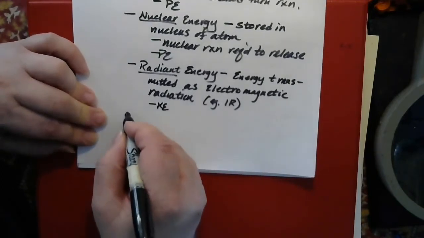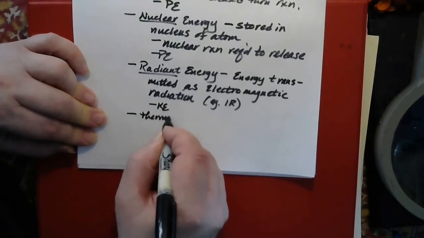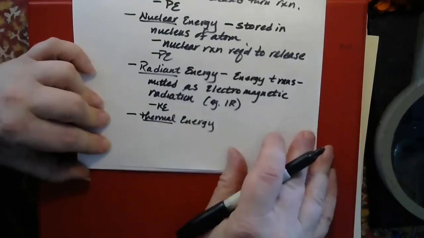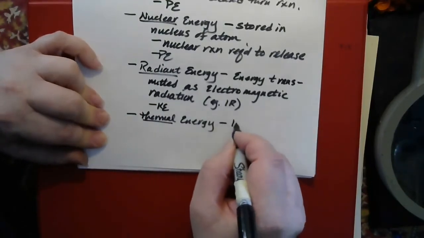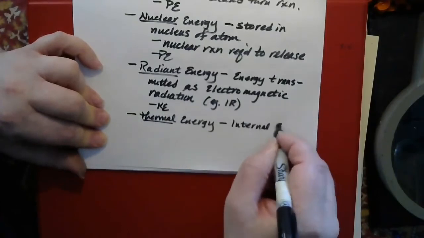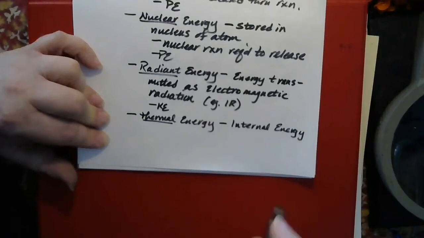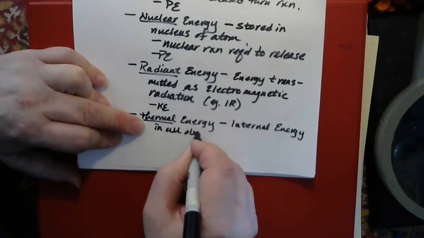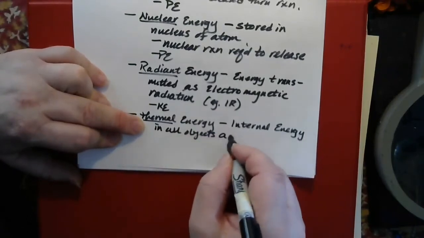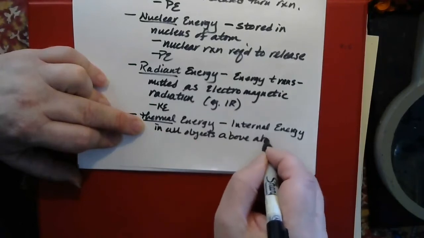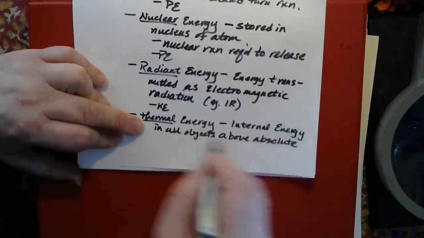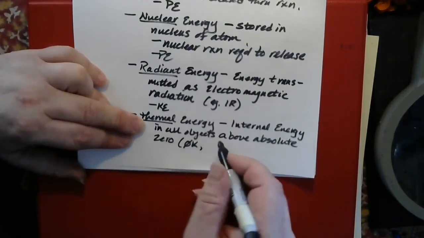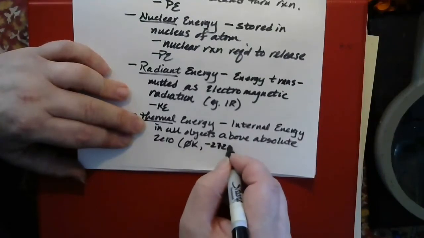And sixth is thermal energy. This is an internal energy that all objects have above absolute zero. Absolute zero, of course, being 0 Kelvin or negative 273 Celsius.